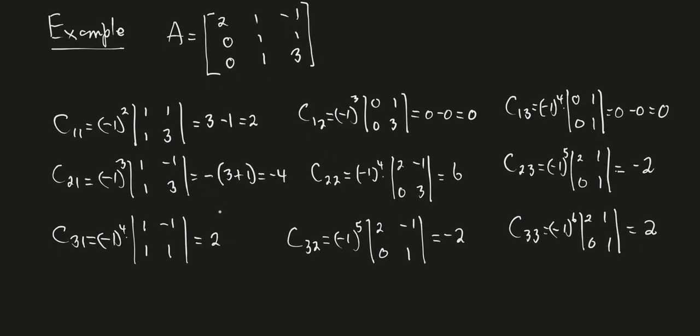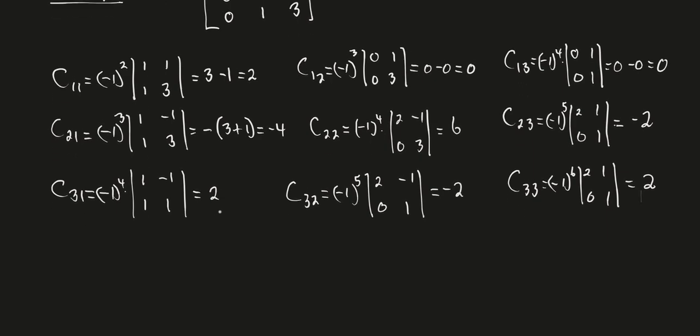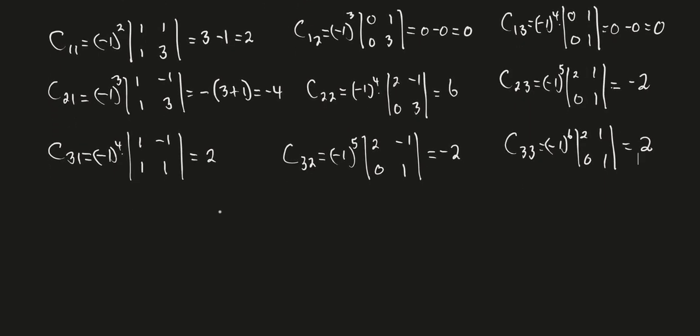So the adjoint of the matrix, let's scroll down. Our adjoint of our original matrix, form the matrix with these 9 entries in the order, which is why I did them in that particular order. So it's going to be 2, 0, 0, -4, 6, -2, and then 2, -2, 2. But it's not just that.